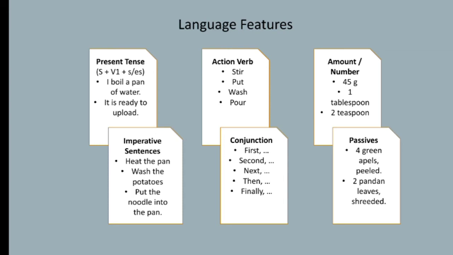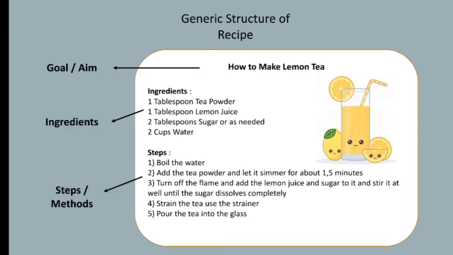Okay, so these are the kinds of sentences: the present tense, action verb, amount or number, imperative sentence, conjunction, and passive. Okay, next. This is an example of the procedure text of recipe. This is how to make lemon tea.